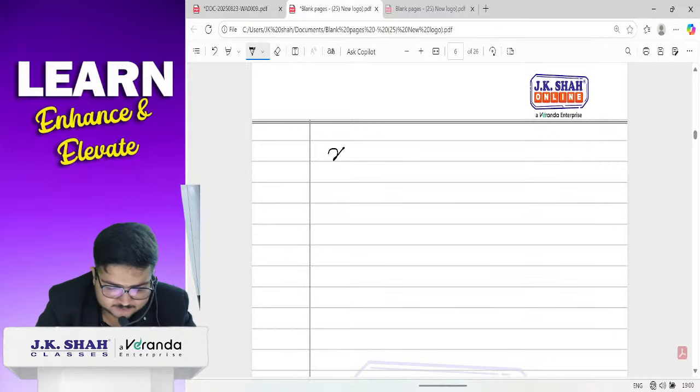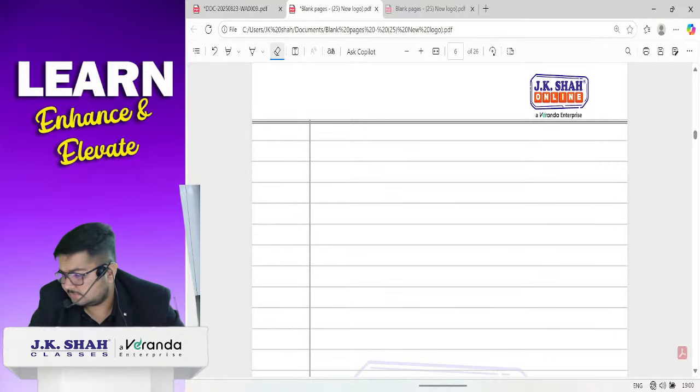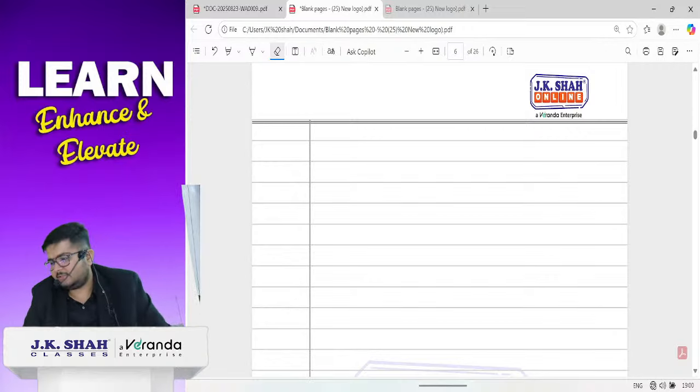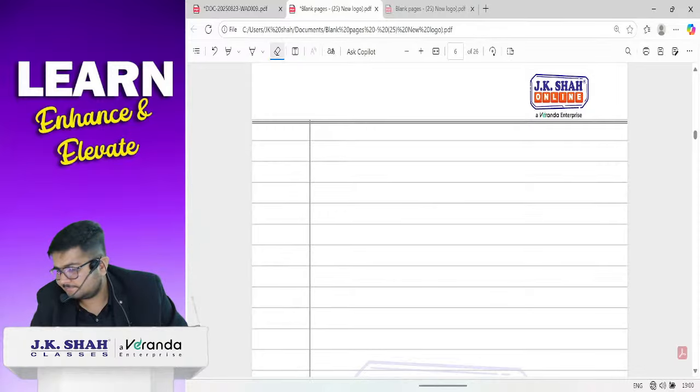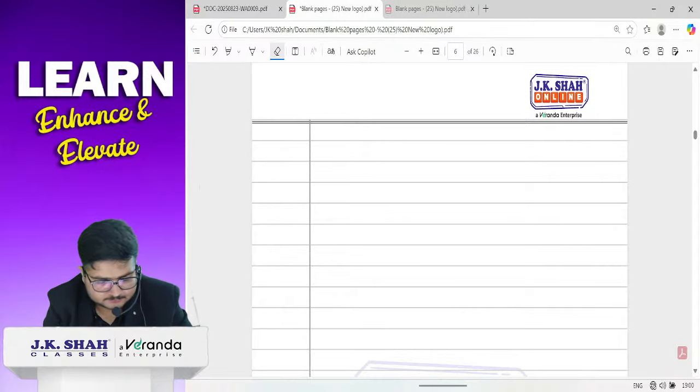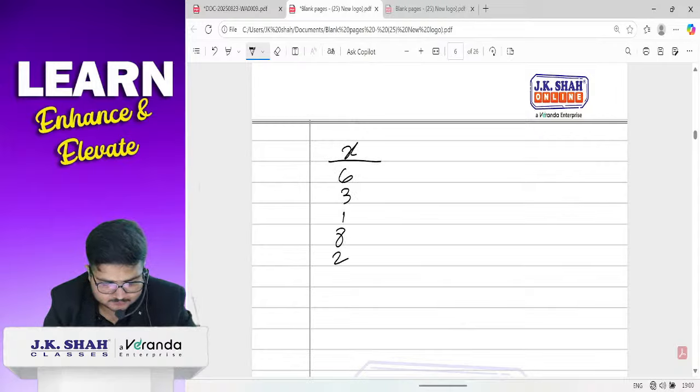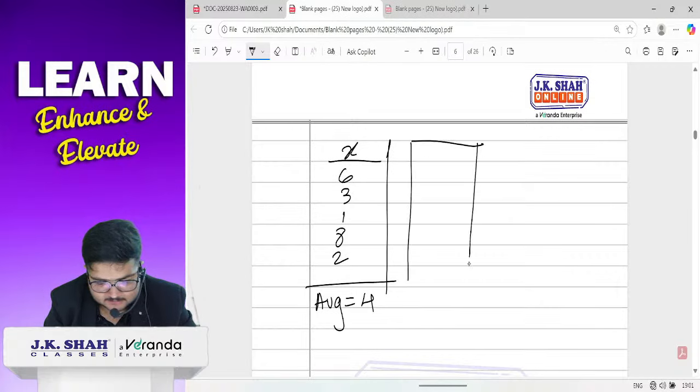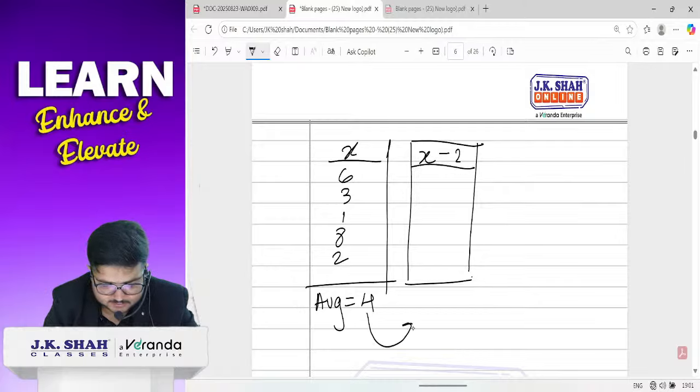For example, if I take subtraction, that means if I take minus, similar things will happen. There are 5 observations, average is 4, right? Now if I subtract 2 from all the observations, then the average will also be subtracted by 2.